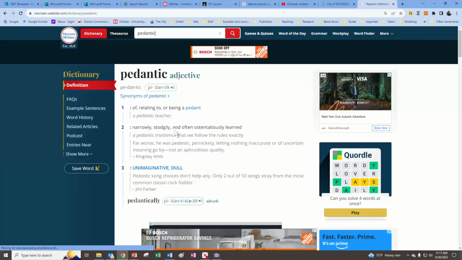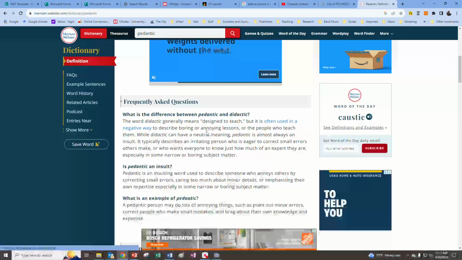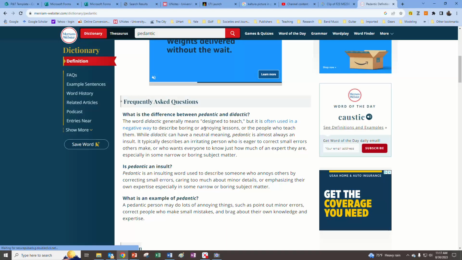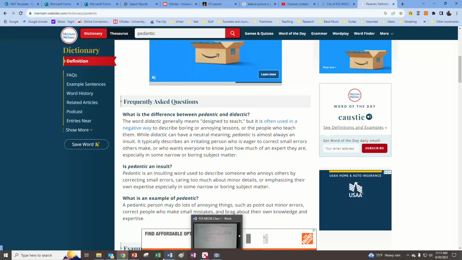Narrowly, stodgily, and often ostentatiously learned. Unimaginative, dull. Ooh, pedantic. Wow, that's kind of mean. Far worse. Pernickety. I didn't even think of that word. Wow. It's usually something that's a negative thing, right?